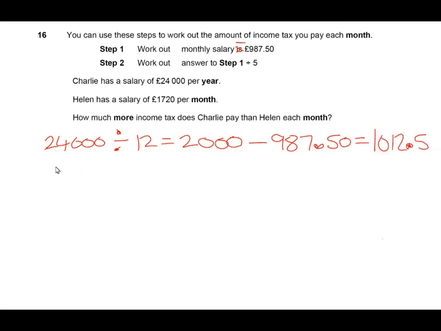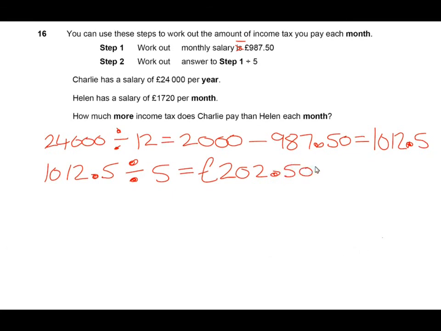And then step 2 is divide that answer by 5. So that's how much income tax Charlie pays.